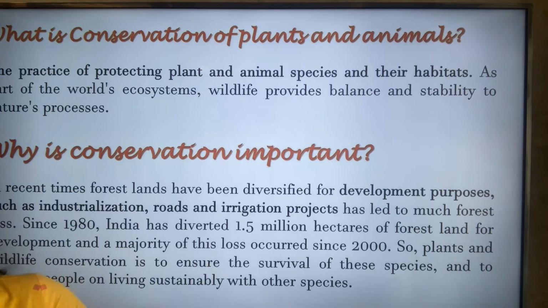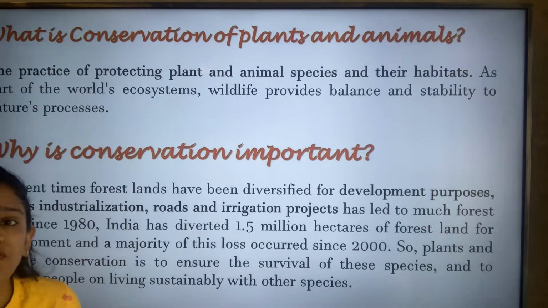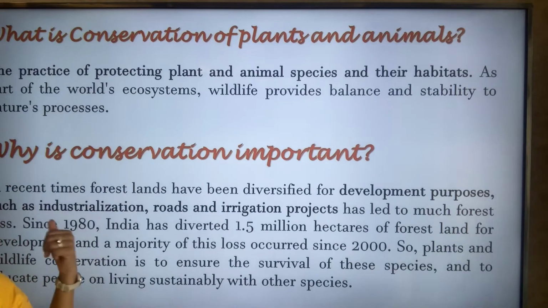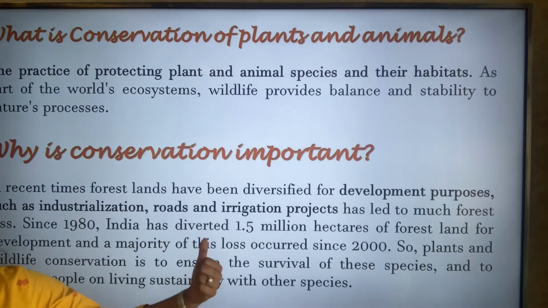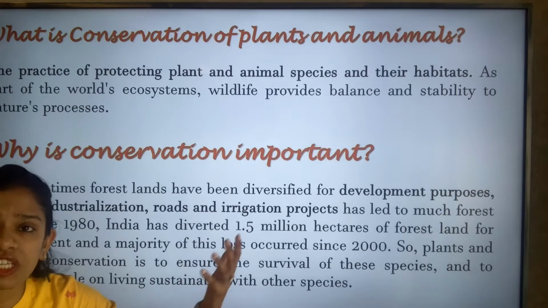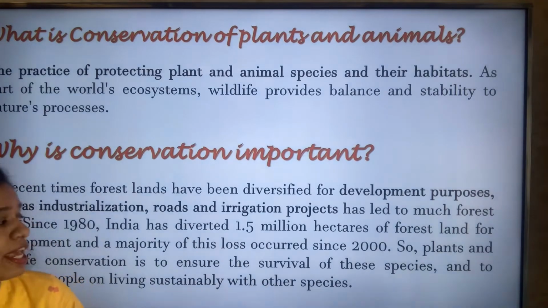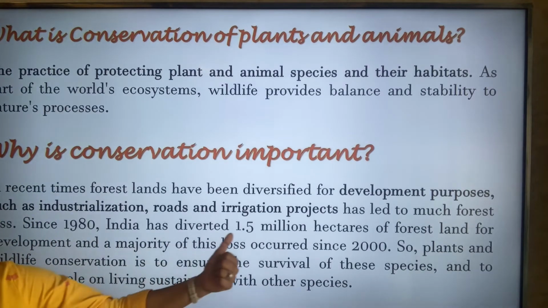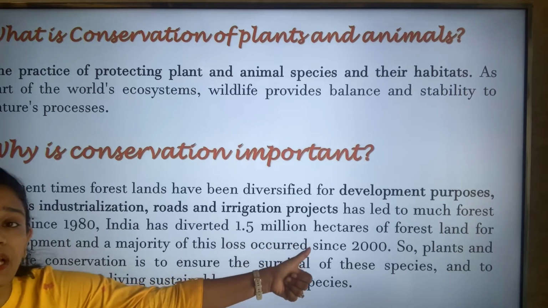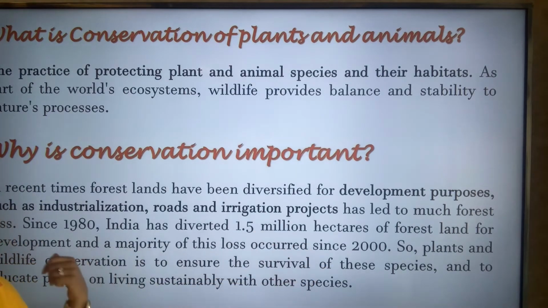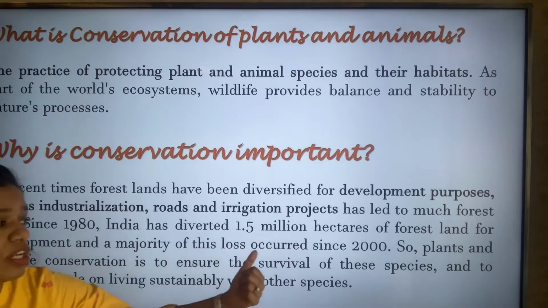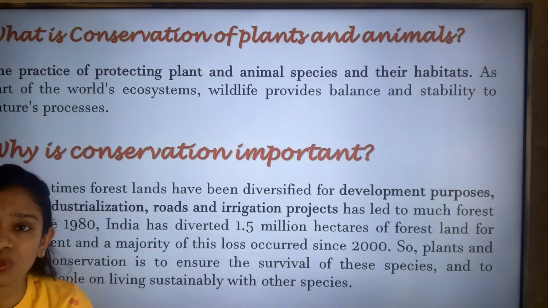So let's see why conservation is important. In recent times, forest lands have been diverted for various purposes, like industrialization, roads, irrigation projects, buildings, everything. India has diverted around 1.5 million hectares of forest land for development, and the majority of the loss occurred since the year 2000.